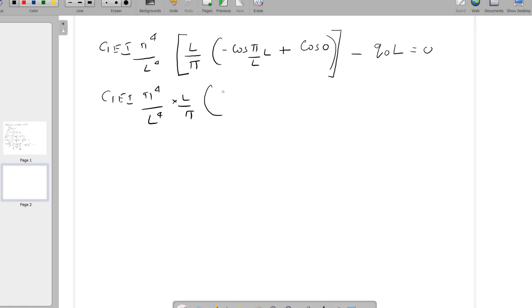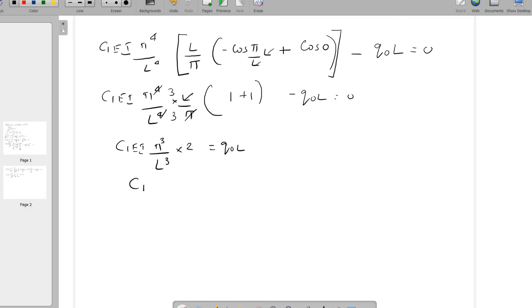When you substitute cos pi is equal to minus 1, minus of minus is plus 1, and cos 0 is 1, so another 1. Minus Q naught into L, which is equal to 0. So we can simplify. We cancel L and pi. So finally C1 EI pi cube by L cube into 2 is equal to Q naught into L.